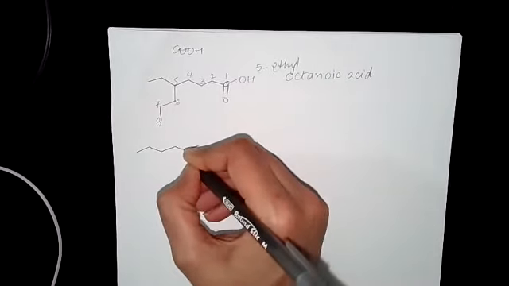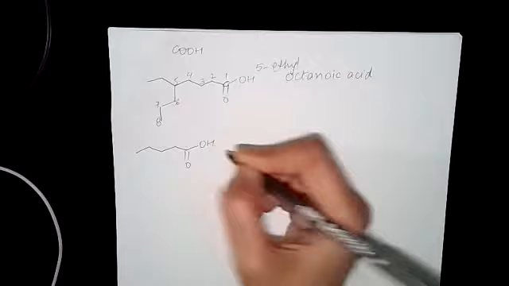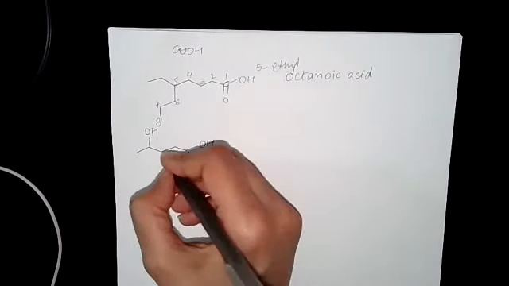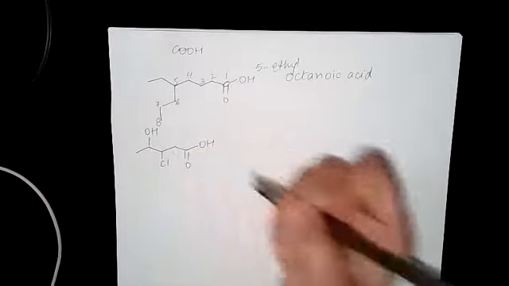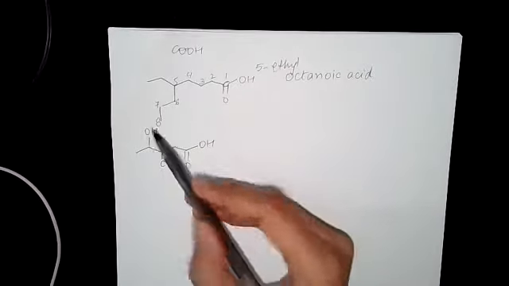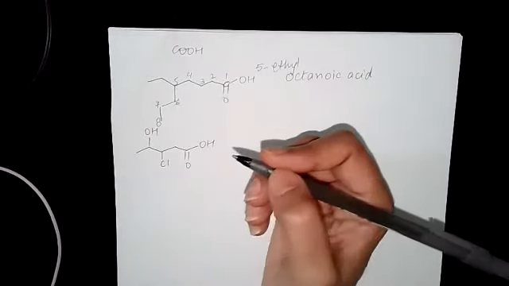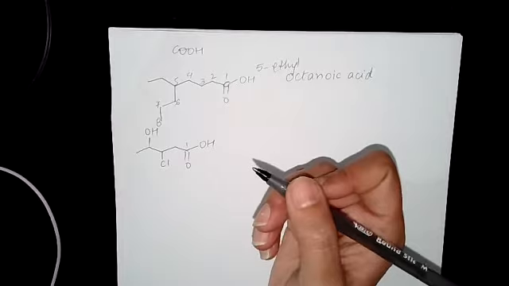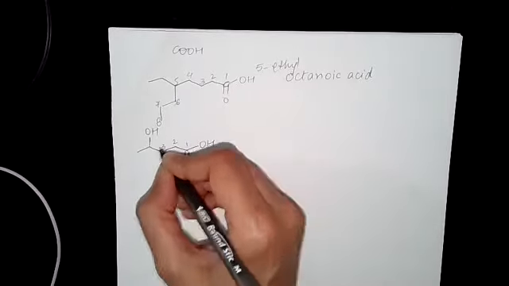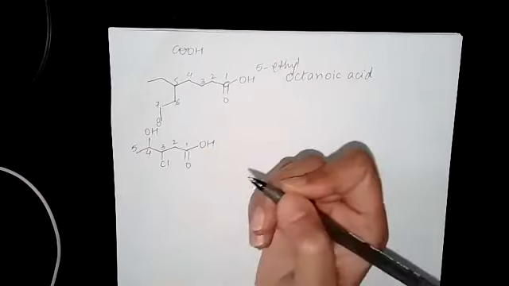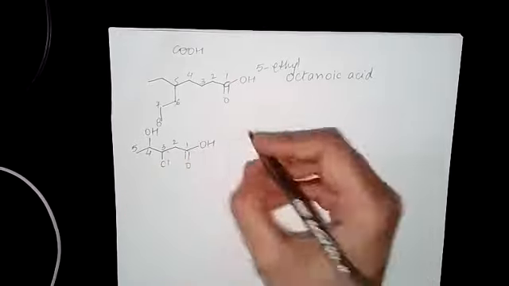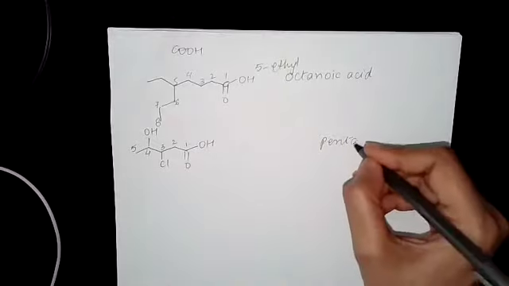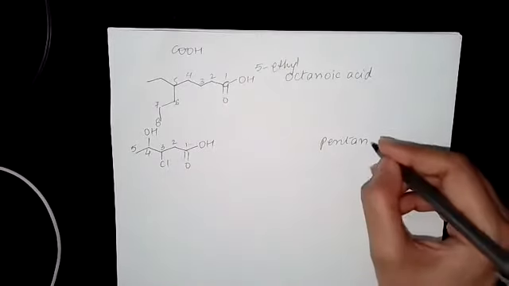Similarly, if you have a structure which looks something like this, in the presence of a carboxylic acid, OH will be just a substituent and its name is hydroxy. Again, the carboxylic carbon will get number 1, 2, 3, 4, and 5. So this is pent, throughout alkane, oic acid.